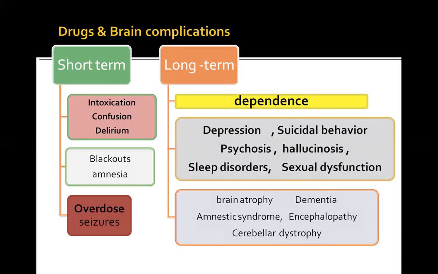Further, they increase brain atrophy, dementia, amnestic syndromes, encephalopathy, cerebellar dystrophy. So these can be produced, short term and long term. They need more and more doses in long term use of these drugs.